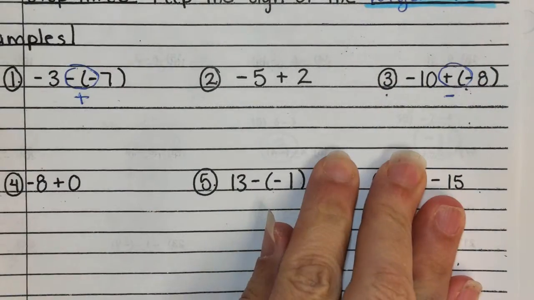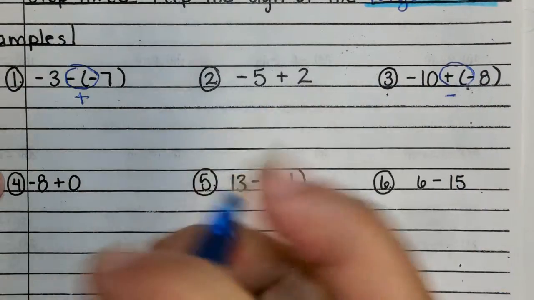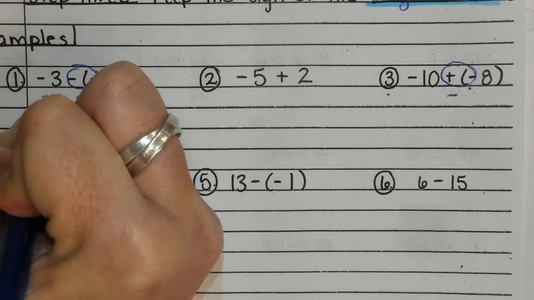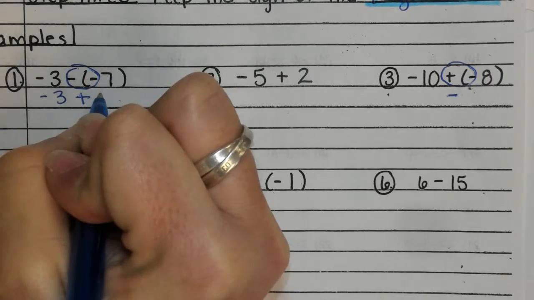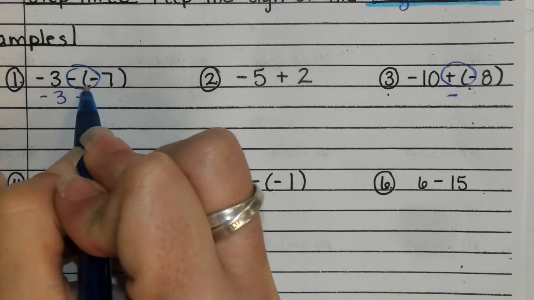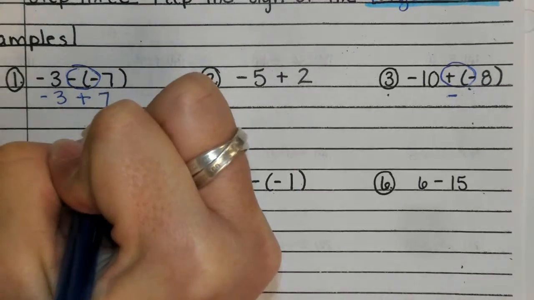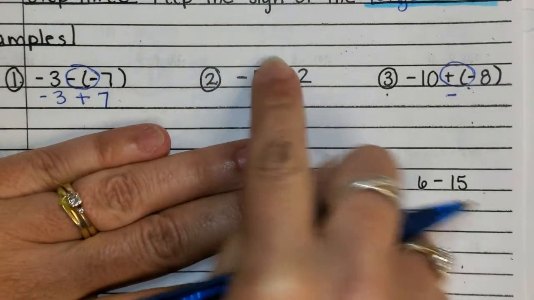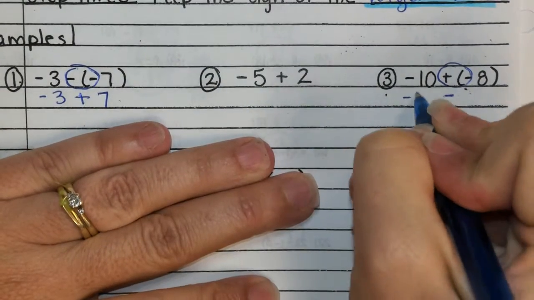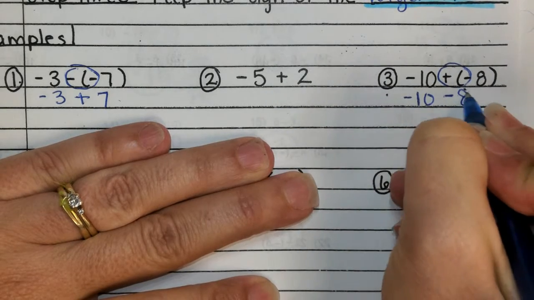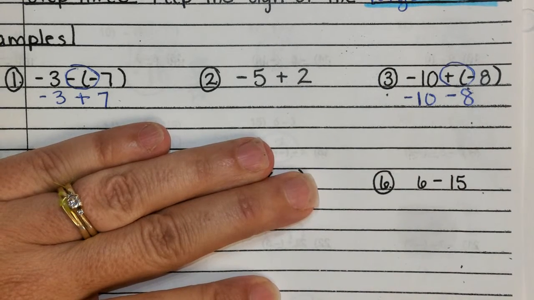Okay. Next step, I'm going to copy the numbers down. This was a negative 3. Now listen, if it's in that circle, just bring down the 7. That one just gets to stay. This one's negative 10. And that one's an 8. Is everybody good so far?